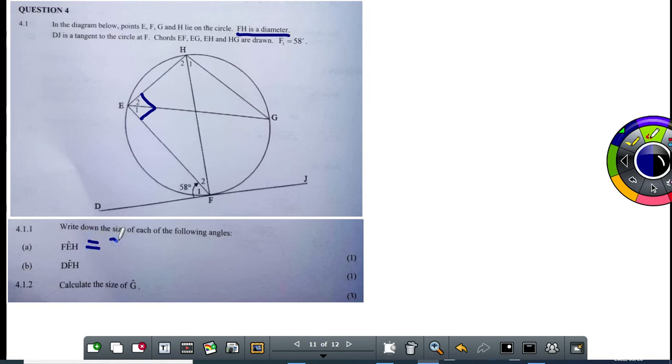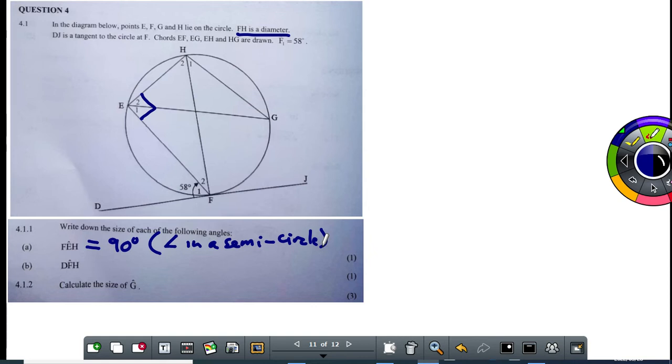Just write 90 degrees. I'll add the reason here, but there's no mark for it. The reason will be angle in a semicircle. Please, it's not angles in a semicircle. It's one angle which is subtended by the diameter. So we say angle in a semicircle.